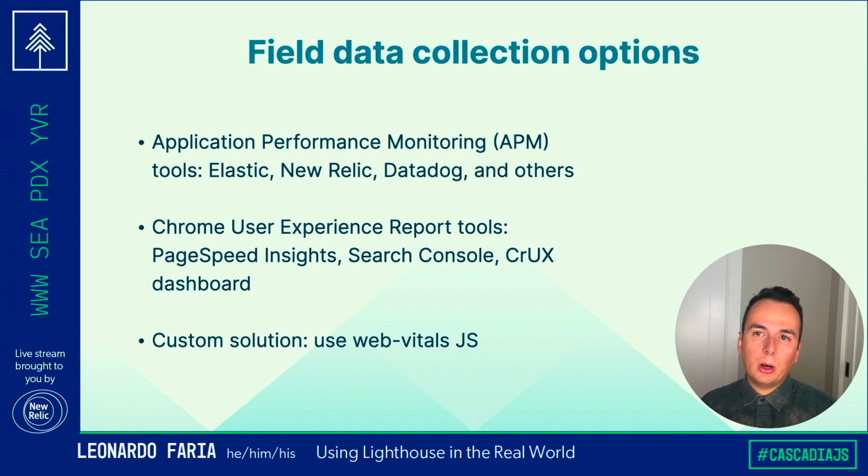If that is not enough, or if you have some page behind authentication, you can also add a Web Vitals JavaScript tracking code to your page and then submit the metrics to your custom URL. But honestly, that would be a bit too extra. I would just recommend using an APM.